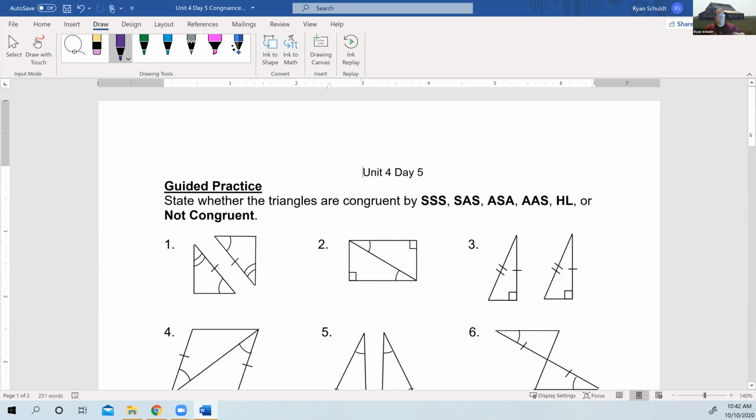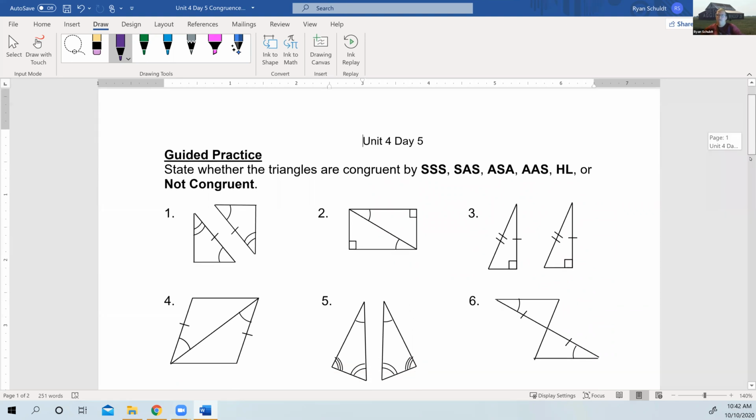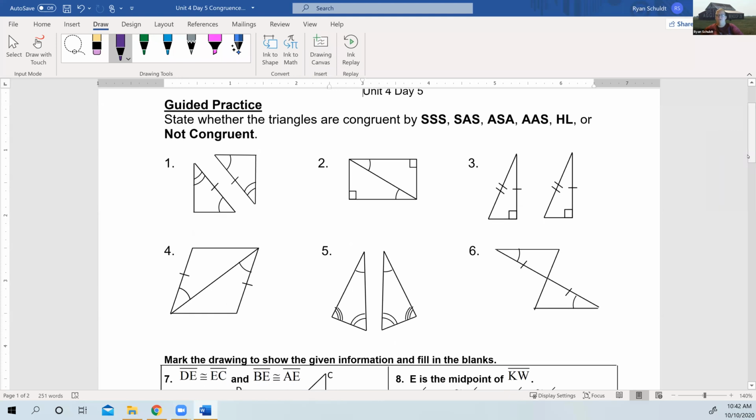So, are you up for the task? Okay, the first six, we're just saying how they're congruent. That's all we're doing. How are they congruent?